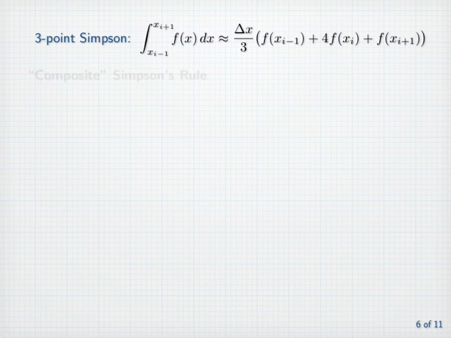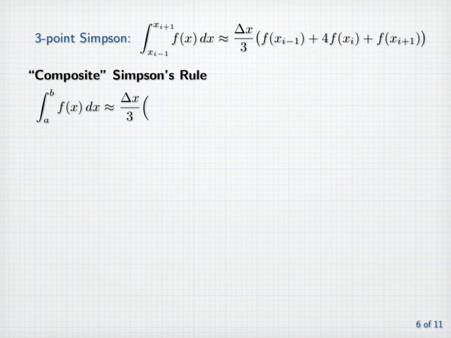Now we'd like to turn this into a so-called composite Simpson's rule by summing up the 3-point Simpson rule over pairs of subintervals across our interval. When i is equal to 1, that formula corresponds to the first 2 subintervals in our interval, and the formula gives us delta x over 3 times f of x0, or f of a, plus 4 times f of x1 plus f of x2.